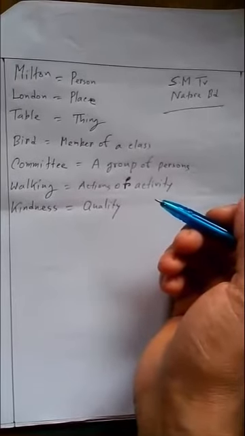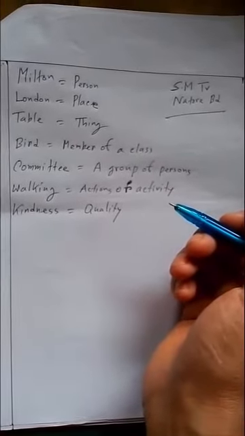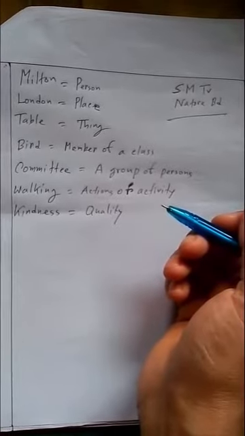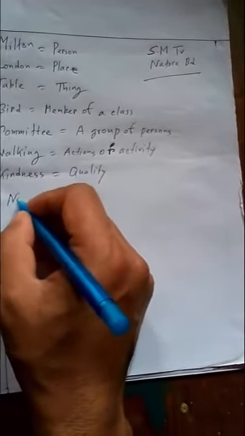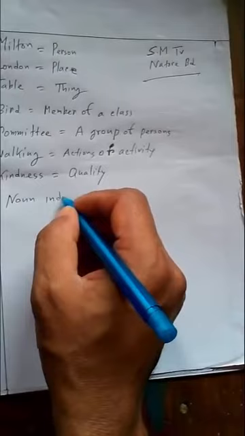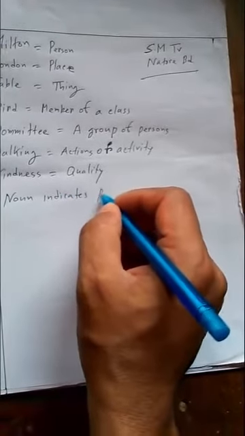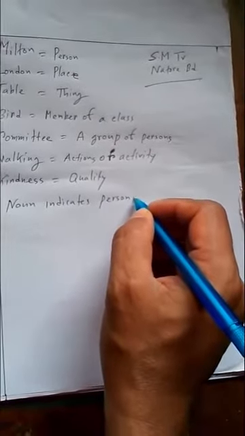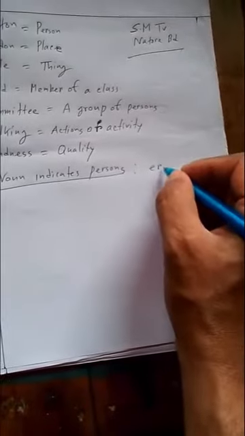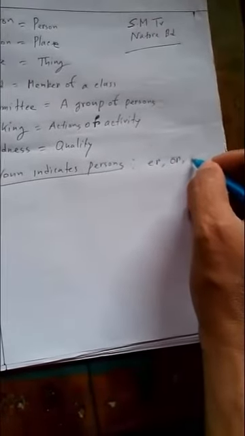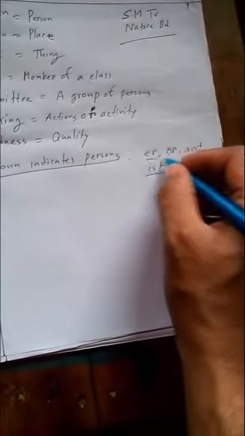But how can we identify the noun? Noun indicates the person. For example, drive to driver. At the end of the word we can see er, or, ant, or ist.